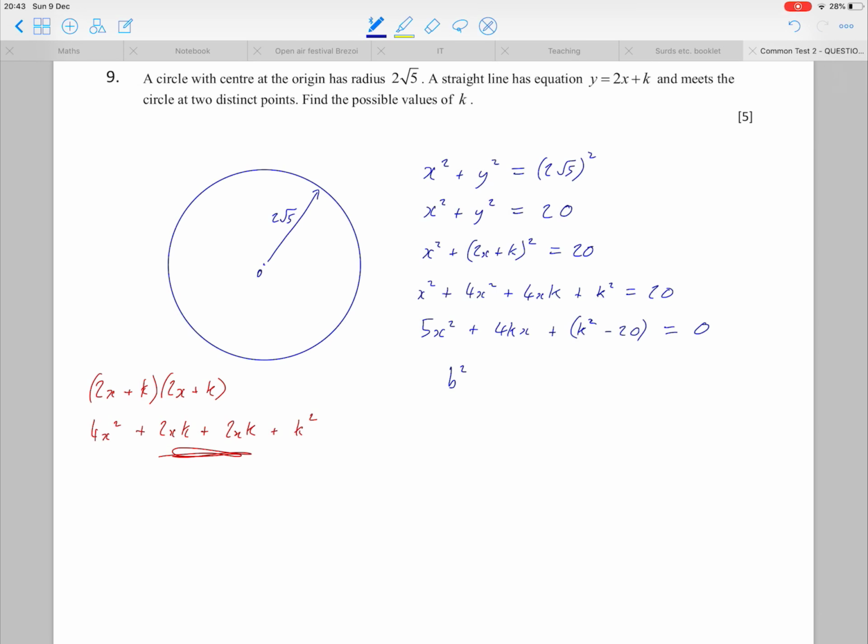And this is where you need to invoke the discriminant. b squared minus 4ac, and to get two distinct solutions, we need that to be positive. So set that up as an inequality. Then we can substitute into it. b is 4k. a is 5. c is that bracket there.